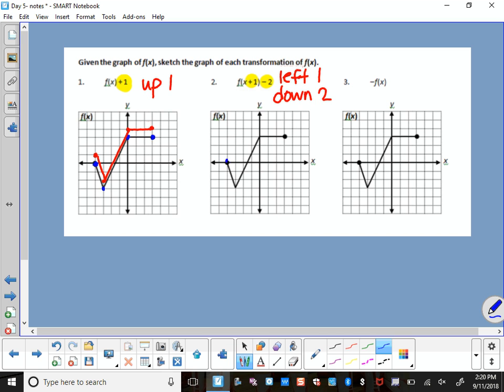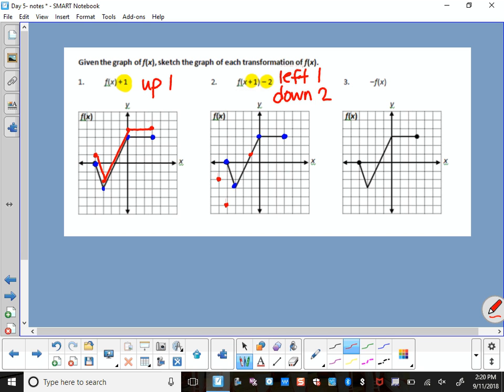All right. Once again, I'm going to bold my points. And I'm going to draw my new graph. So I'm going to go to the left 1, which is at my first point, go to the left 1 and then down 2. I end up right there. And I'm going to do that for each point. Left 1, down 2.